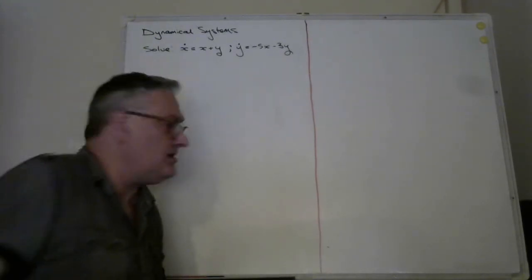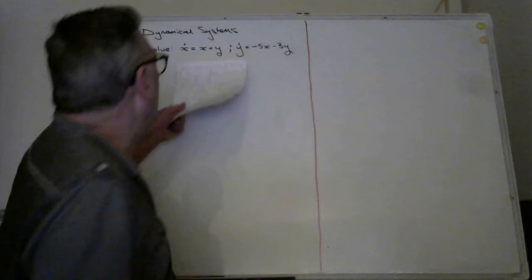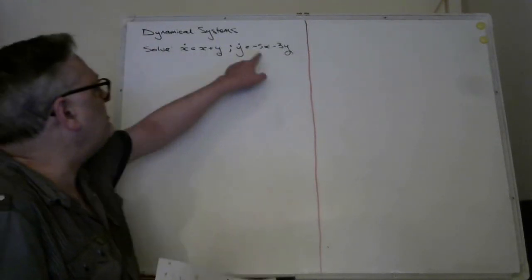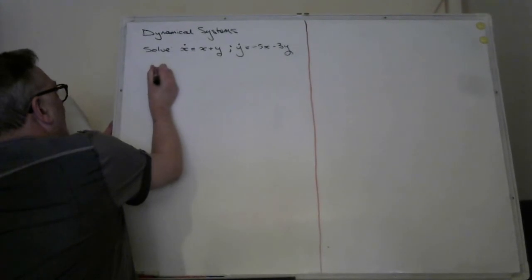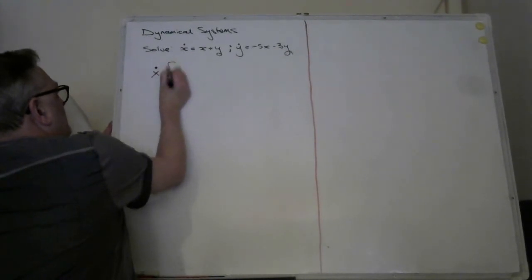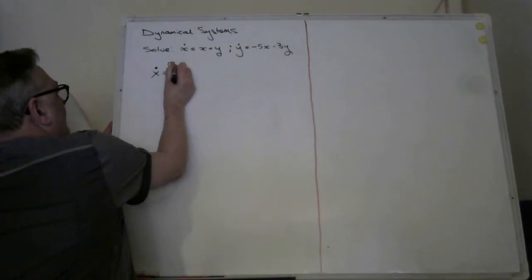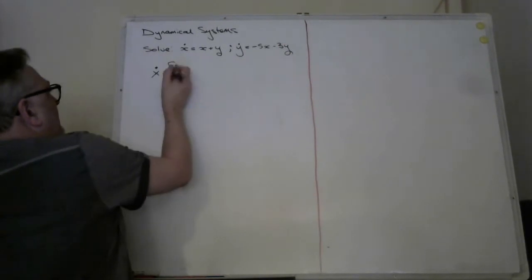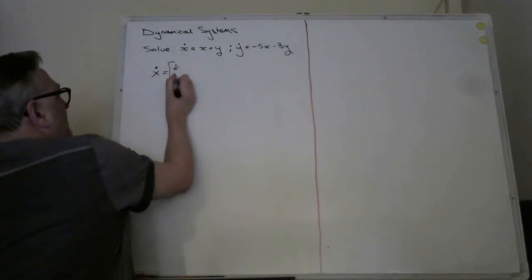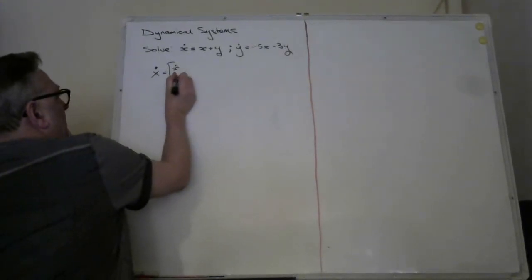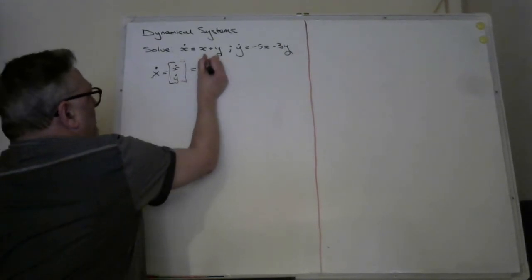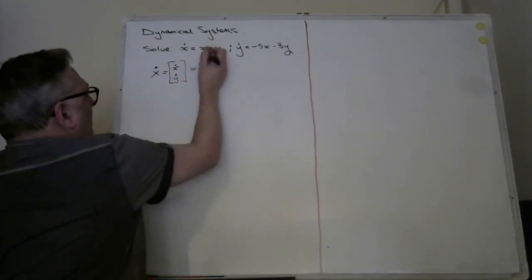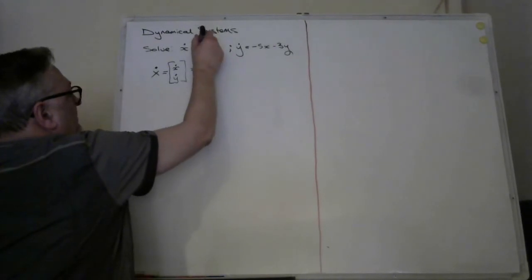So I think we'll make a start. As you can see, we've got these two equations here, which can be written, and I'm going to write them as x dot equal to little x dot. So that's capital X dot, which is equal to the vector which contains x dot, small y dot, and that's equal to, well, the first equation, x dot is equal to x plus y.